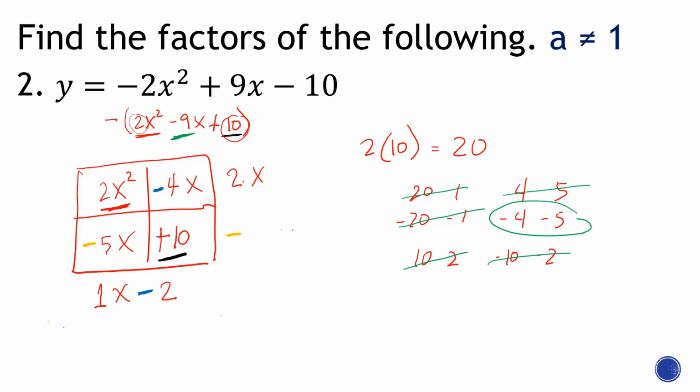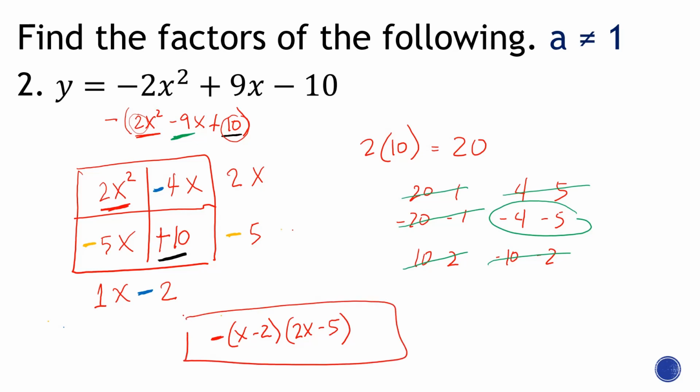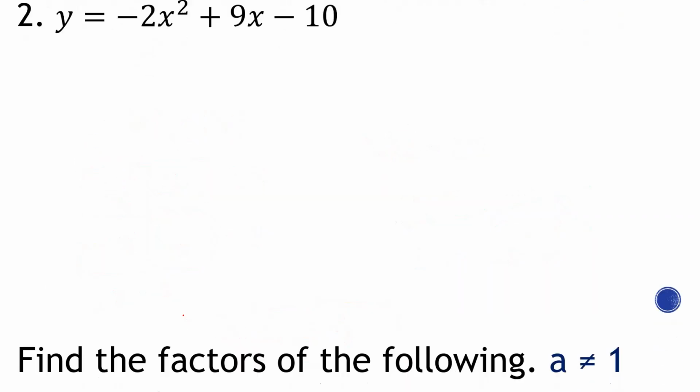That is 5. And there you go, those are the factors: x minus 2 and 2x minus 5. Now do not forget that minus sign, so I put the minus sign there.